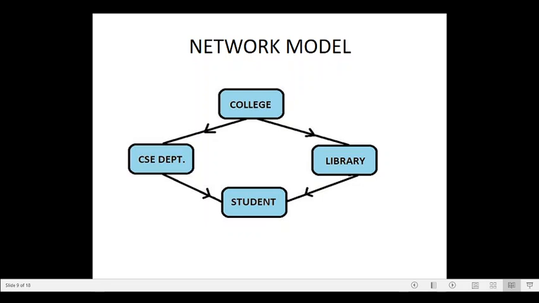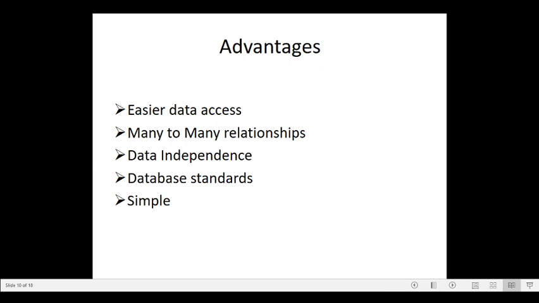Just an example, a college can have many departments, and a library. College is the parent node, we have children nodes, and we can also see a student here, which is connected to both the department as well as the library. So this is what is called a many-to-many relationship.